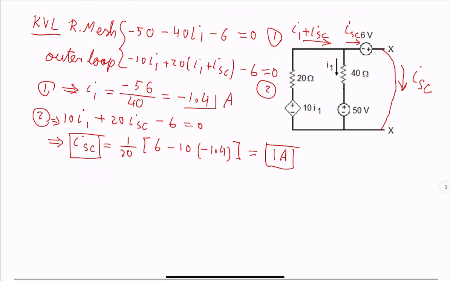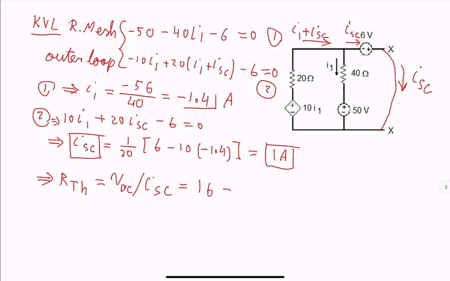So we have VOC and ISC. Thevenin's resistance is VOC divided by ISC. 16 over 1 gives us 16 ohms.